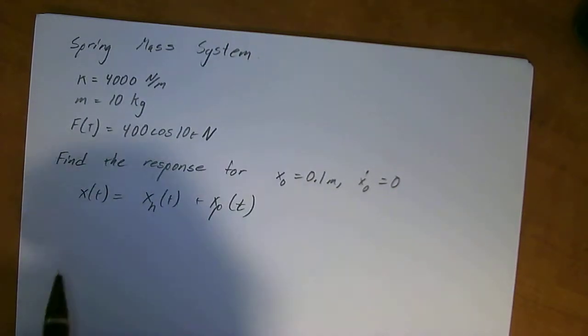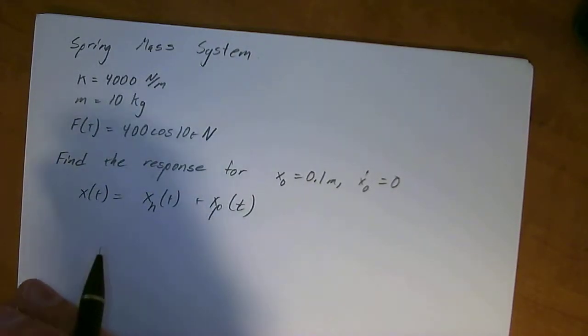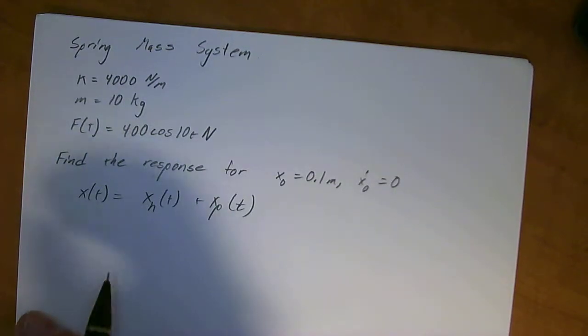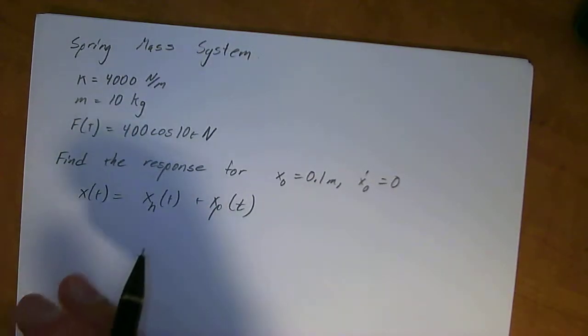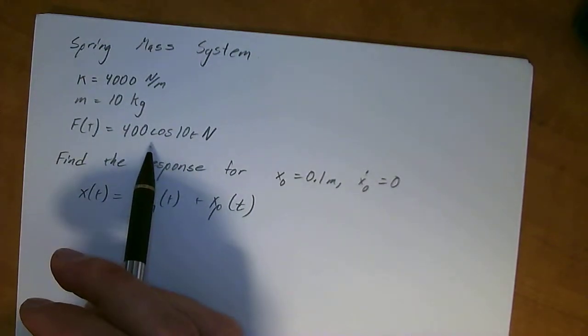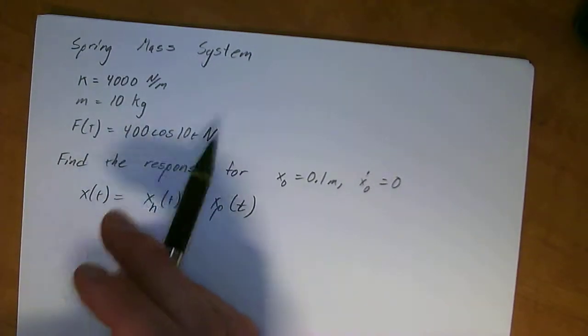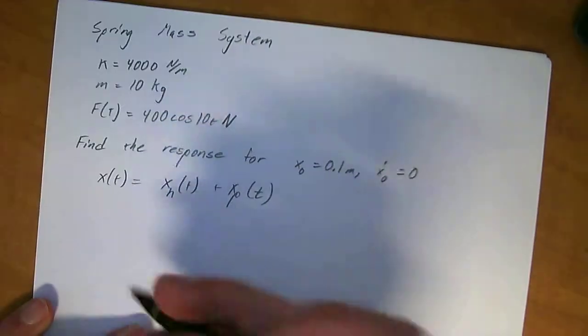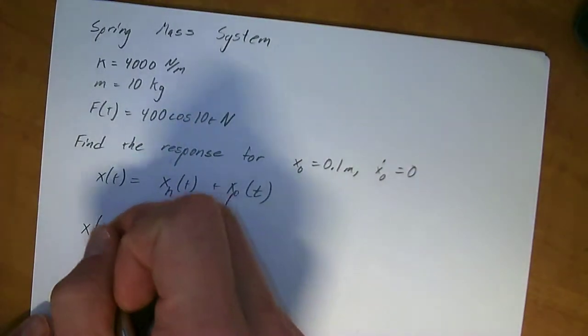But when you see just a basic spring mass system and you're looking for the response of it, you can actually skip right to a basic equation of motion based off the information that we have. We know that this is cosine. So the only thing we have to do is remember, or hopefully have an equation sheet.